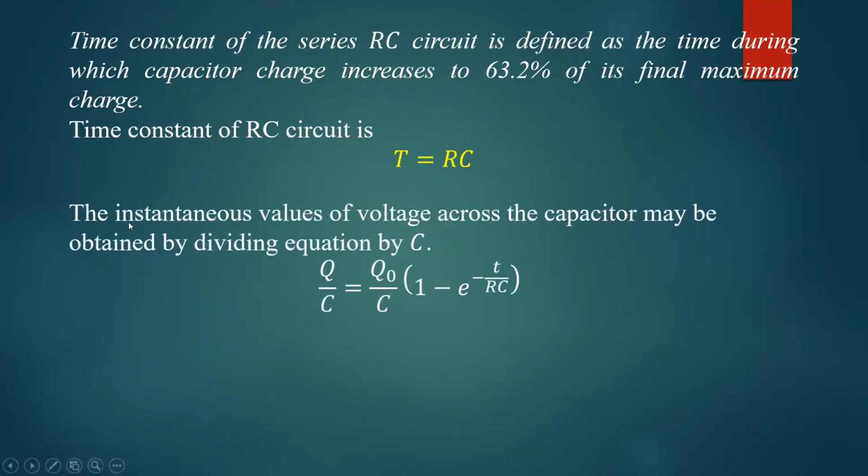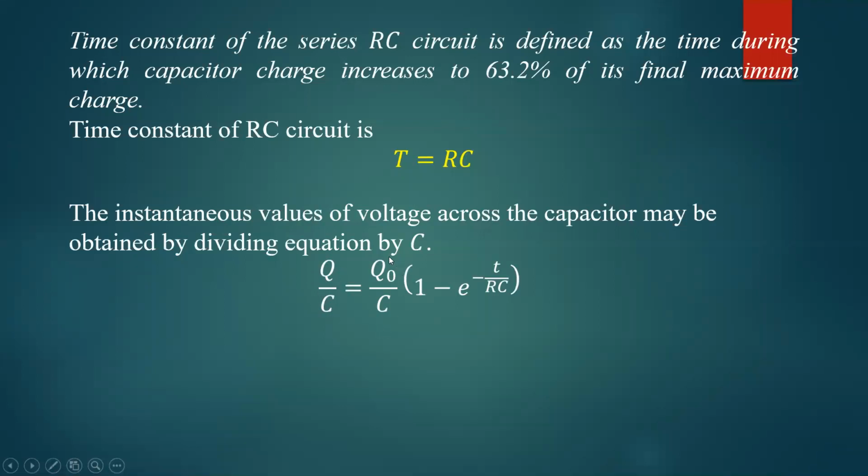So next we will find out what will be the voltage. Charge Q is equal to Q naught into 1 minus e to the power minus t by RC. If you want to find the instantaneous voltage across the capacitor, divide the equation of charge by capacitance C. Q by C is voltage.